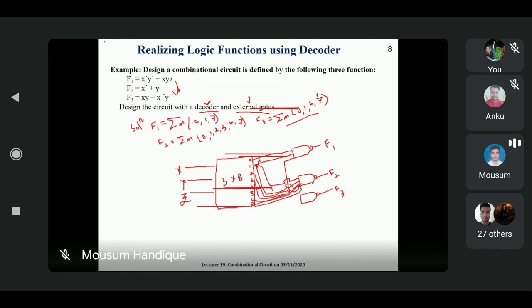Already this one is 0, so I am enlarging this one. This one is 0, 1. This one is 1 again. And this one is 7. So this way we can construct the decoder.